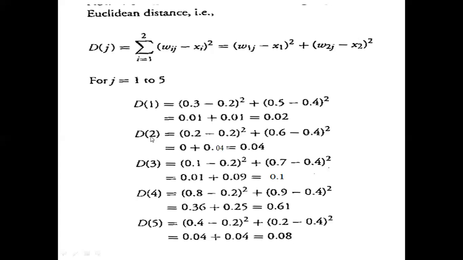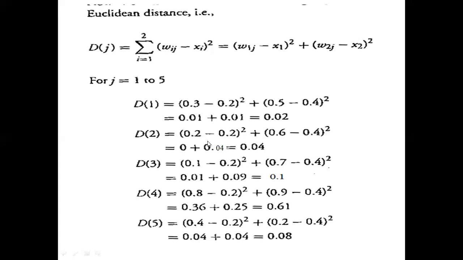Again we calculate d2. Then it is w12 and w22. What is the value of w12? That is 0.2. And what is the value of w22? That is 0.6. And we know the values of x1 and x2. Then ultimately we got 0.04. Next d3, it will become w13 and w23.